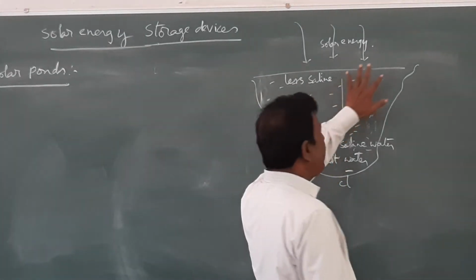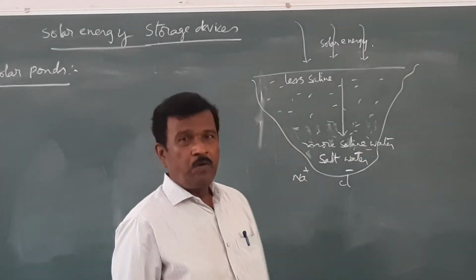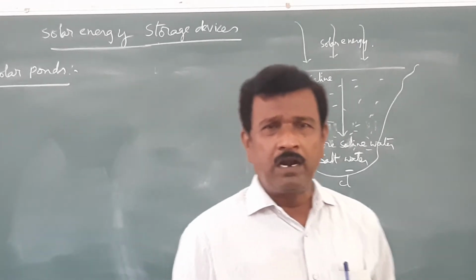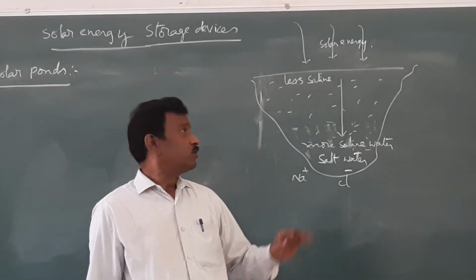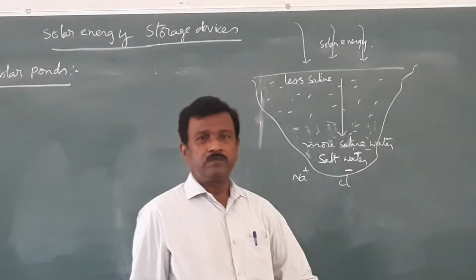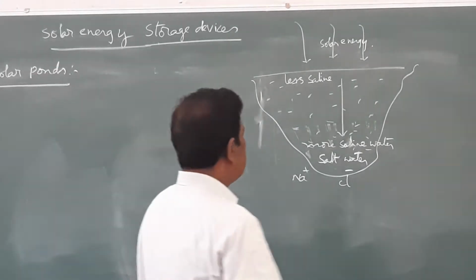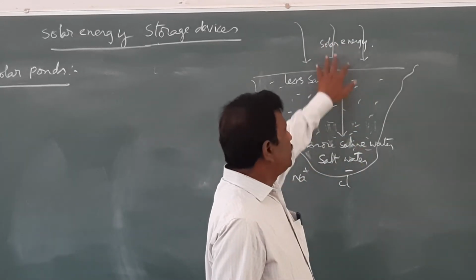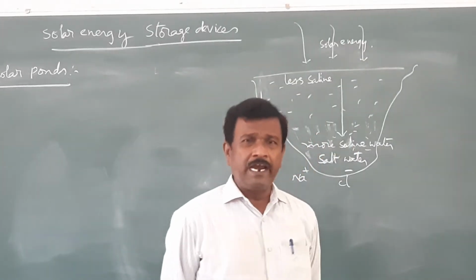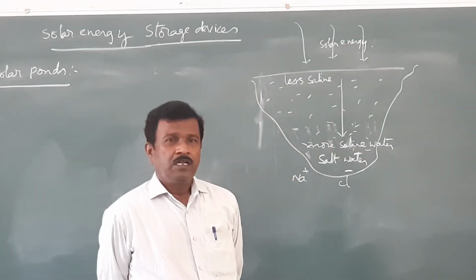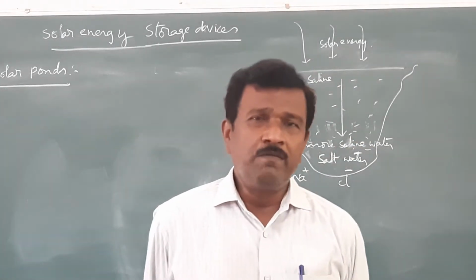If there is no salinity in the pond, then we add salt to the water. When salt is added to the water in the pond, then the salinity increases. Therefore, the energy stored by the solar ponds also increases. Once we charge the ponds with the solar energy, it can be utilized from the ponds to the domestic devices.